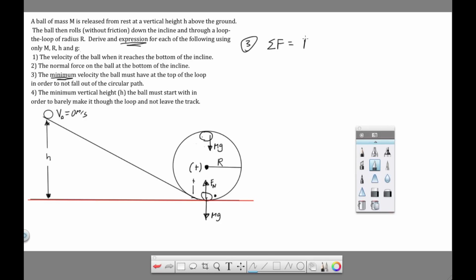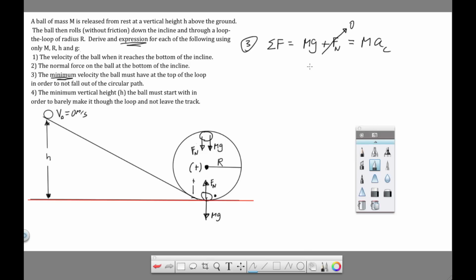So summing the forces here, mg will be positive because that points to the center. And that's the only force on the ball, because we're setting the normal force equal to 0. Or we could put the normal force back in: mg plus normal force equals m a_c, where that's the centripetal acceleration. But like we said, if the ball barely makes it through, the normal force goes to 0.